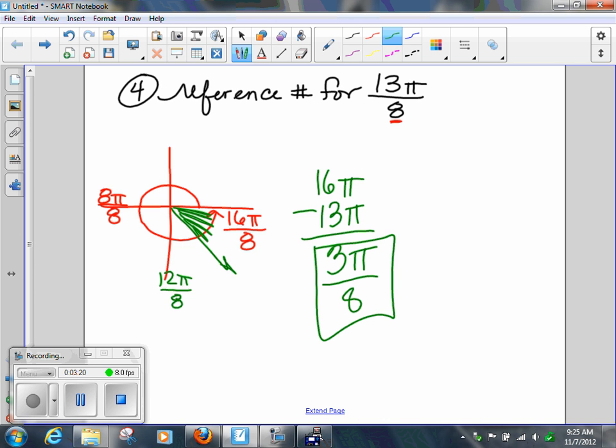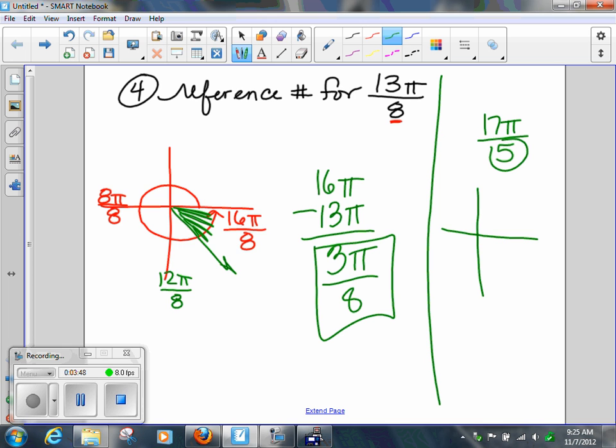So if we had, I don't know, a big 17 pi over 5, you're going to take what number away from 17? 20. No, 15, because 2 pi is 10 with a denominator of 5.